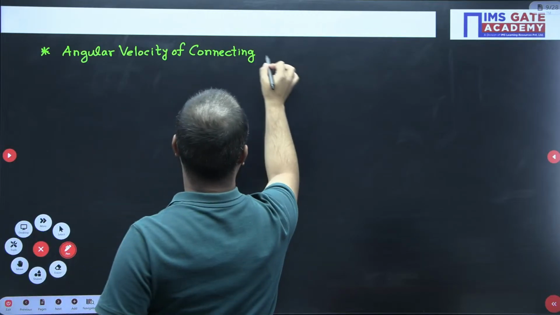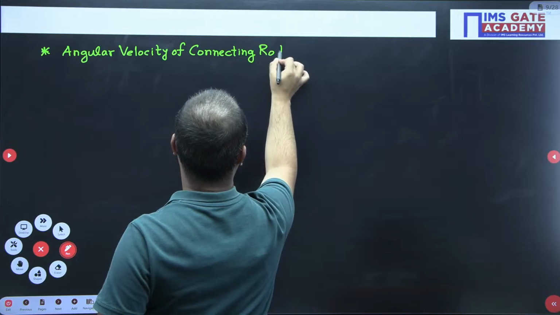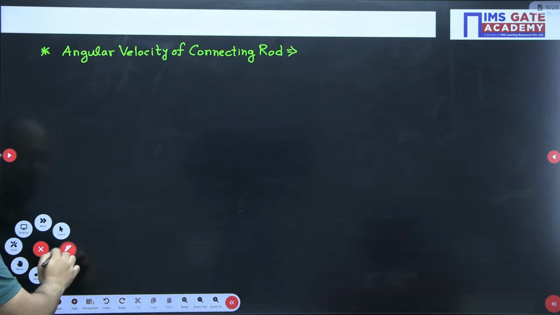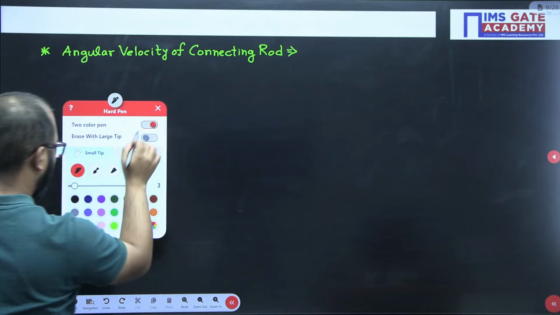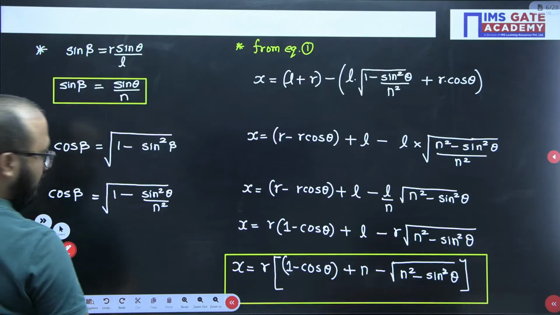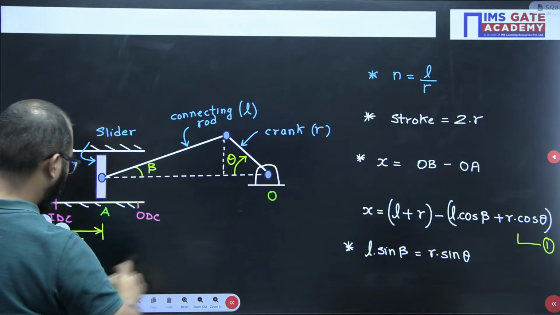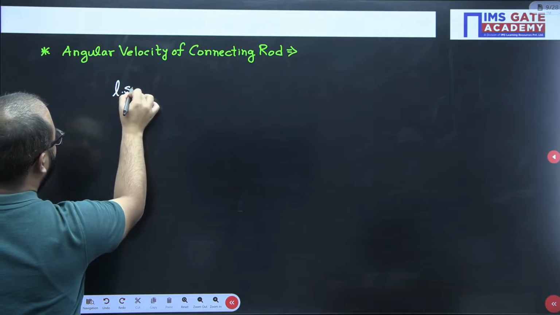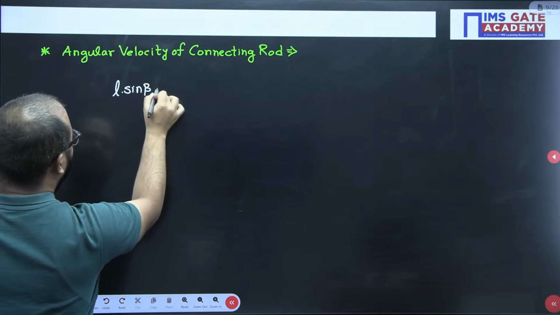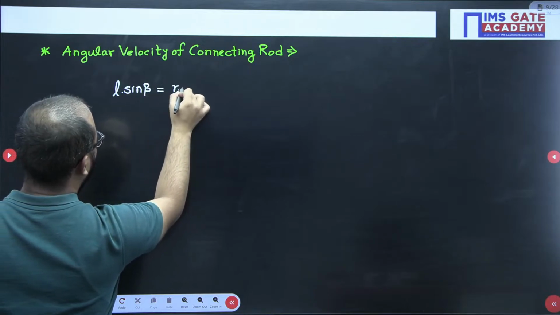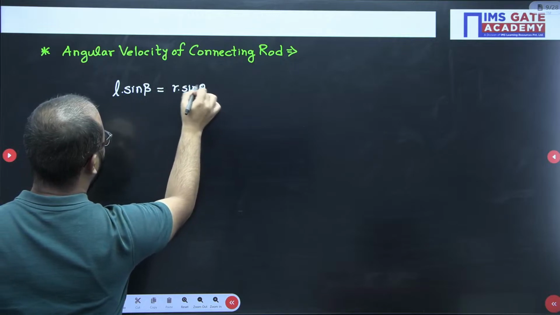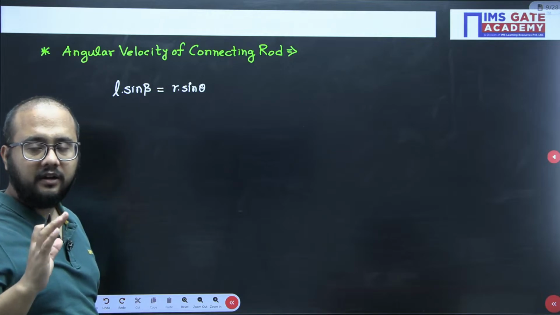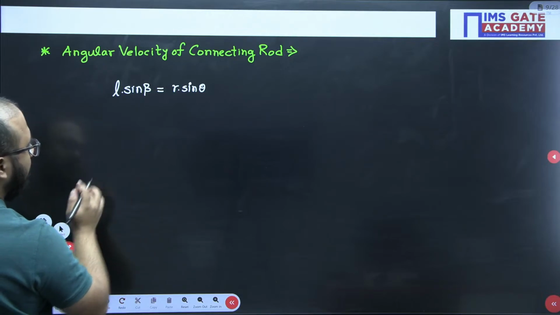Okay, now, so the relation that I have to use here is L sin beta equals to R sin theta. So let's differentiate this equation with respect to dt, okay, time on both the sides.